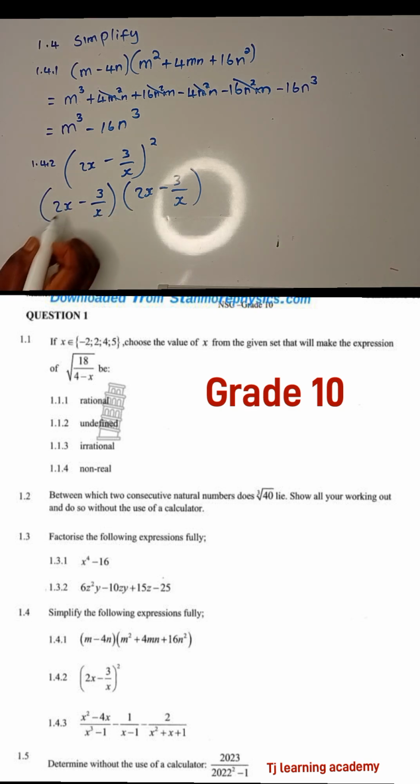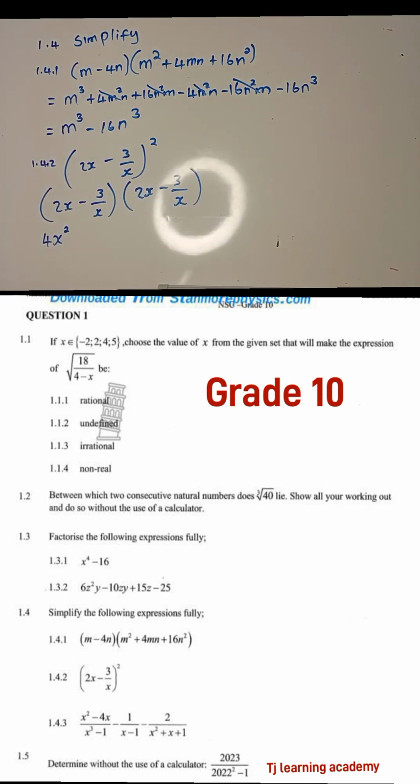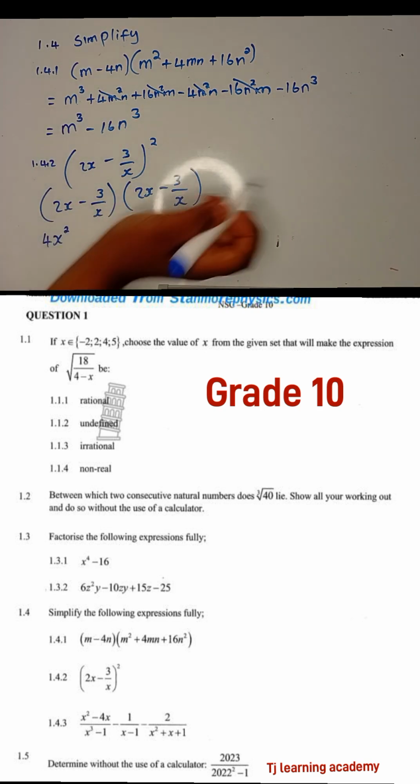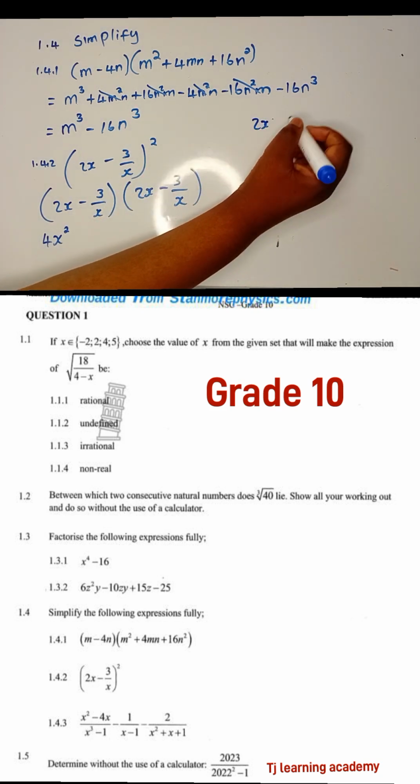2x times 2x is 4x squared. Then I'm going to write it on the side to show you how you are supposed to tackle it. It's going to be 2x times minus 3 over x.